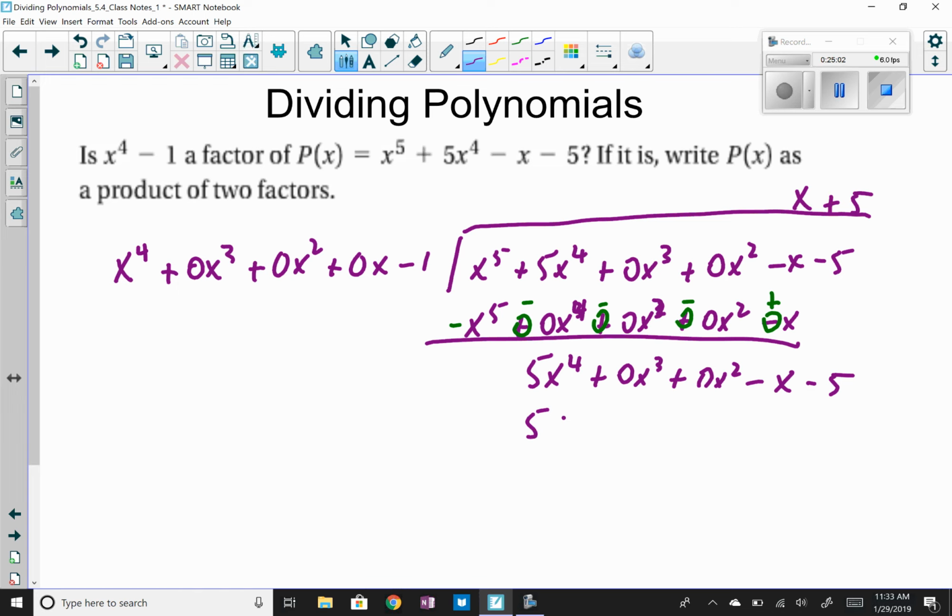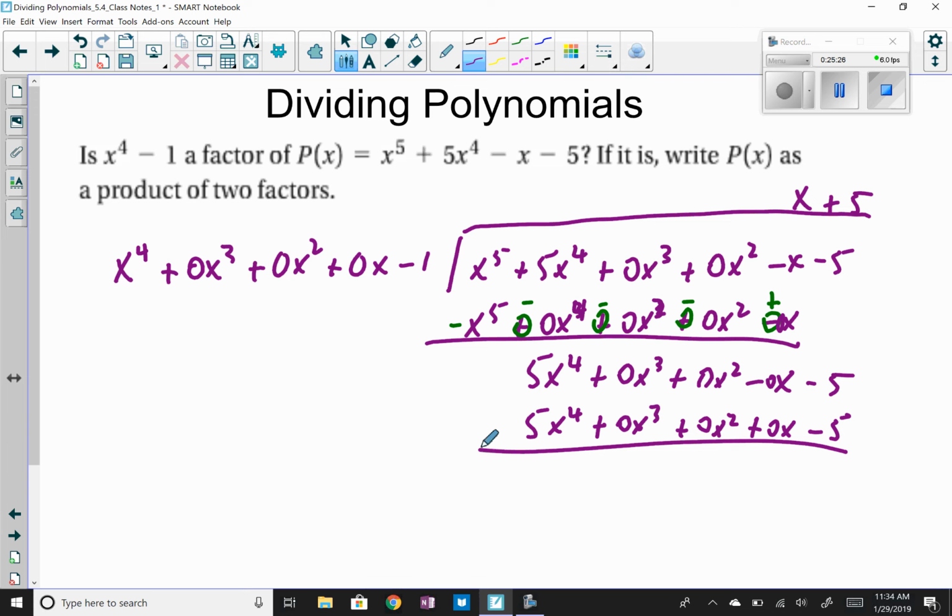So we have 5x to the 4th plus 0x cubed plus 0x squared plus 0x minus 5. And this was a 0x. Okay.